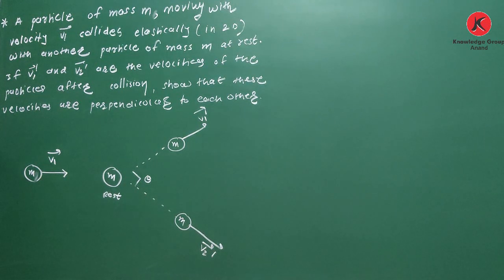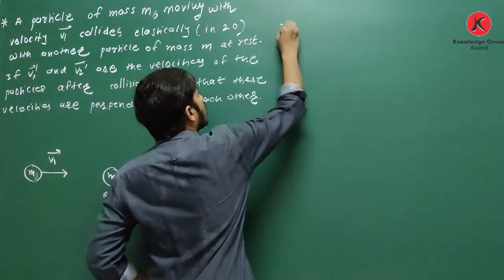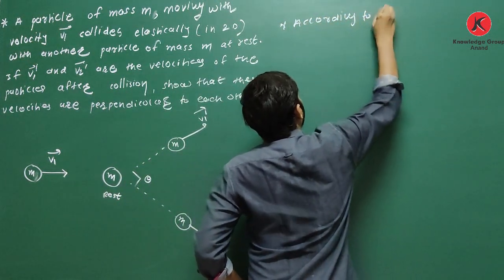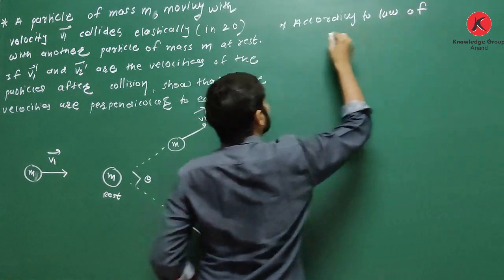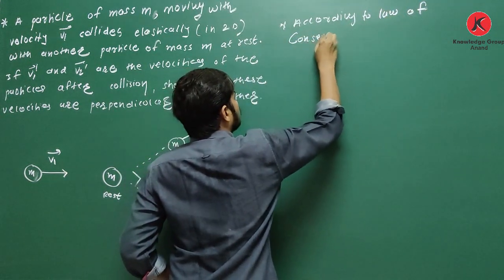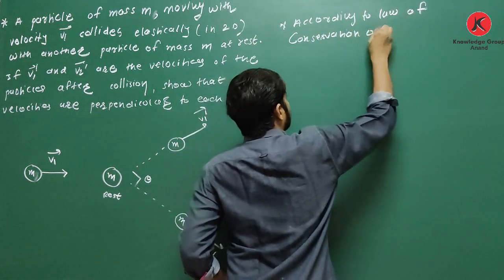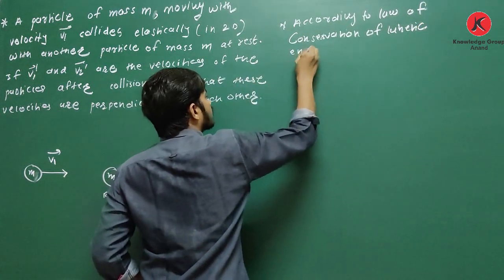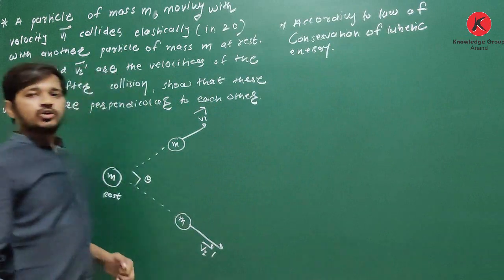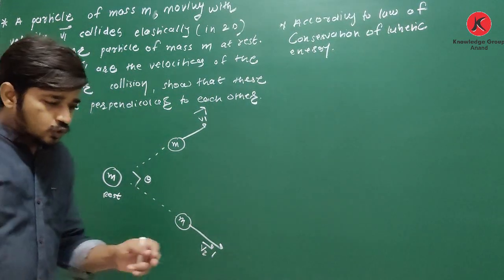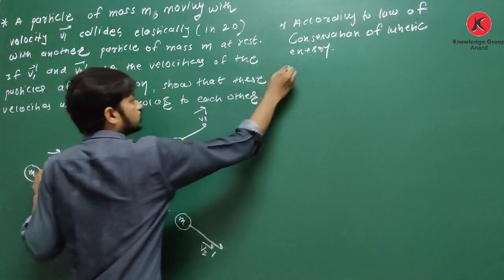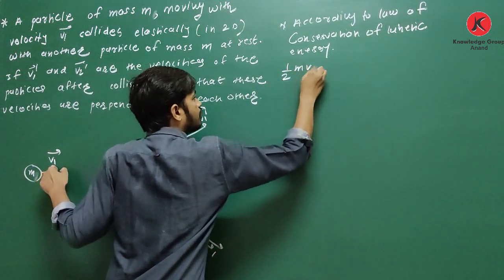First of all, we will apply the law of conservation of kinetic energy. Simple. Total kinetic energy before collision is equal to total kinetic energy after collision. See, total kinetic energy before collision: mass m, velocity v1, so it is half m v1 square.